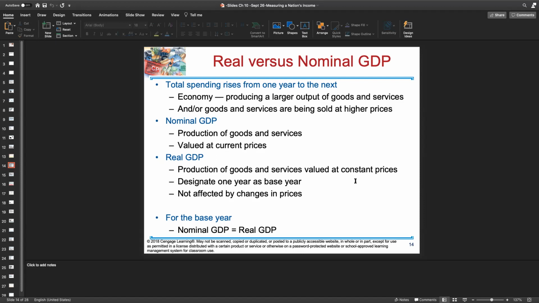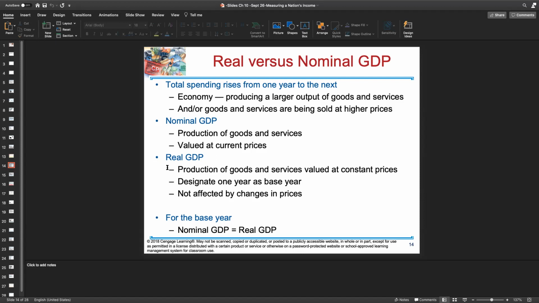So basically, you designate one year as a base year, not affected by the change in prices. Basically, the nominal GDP includes both the change in the price and quantity of the GDP, but the real GDP only shows the change in the total output, not the change in the prices.